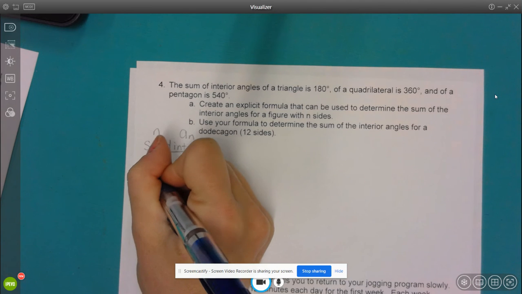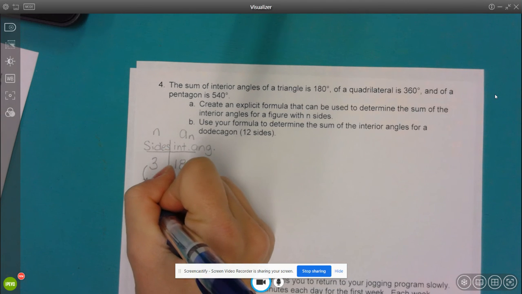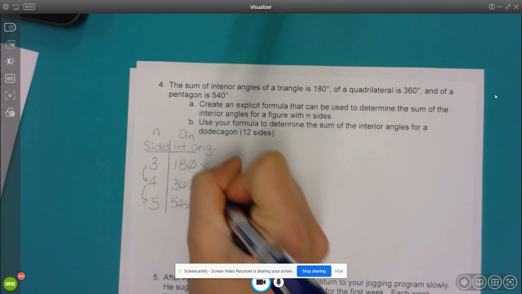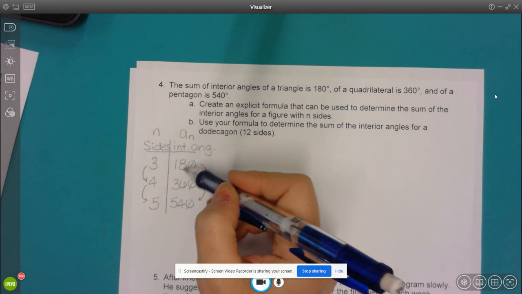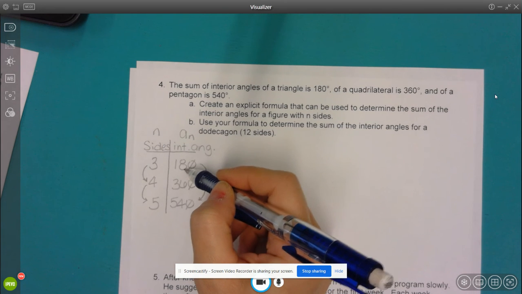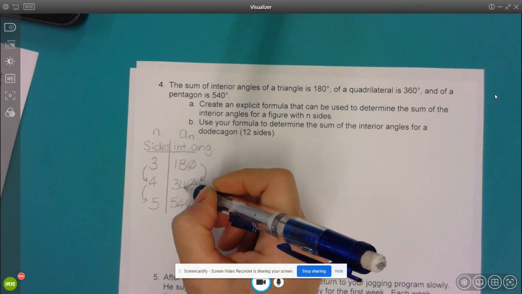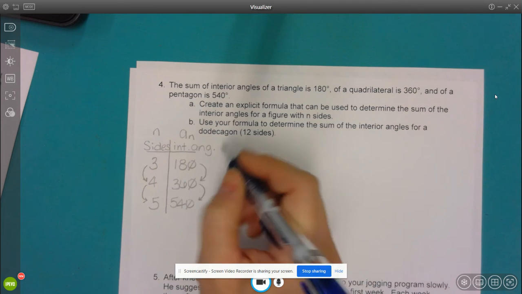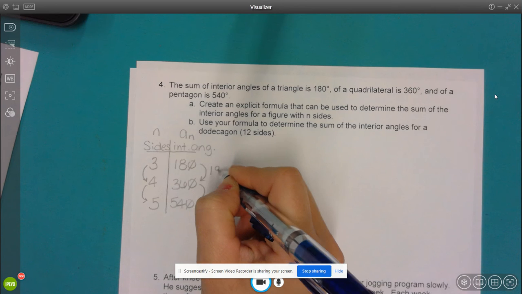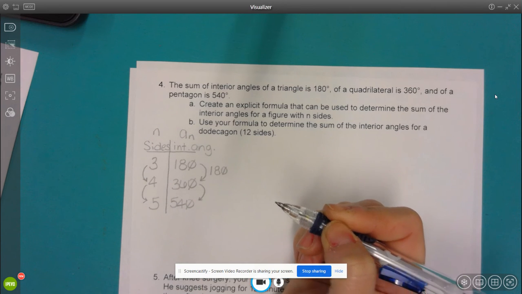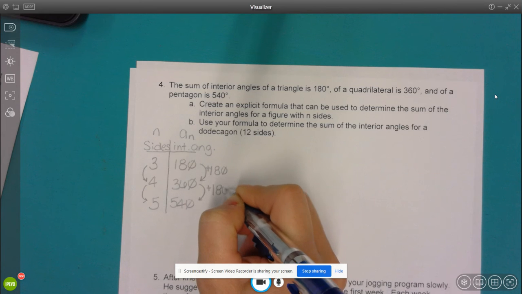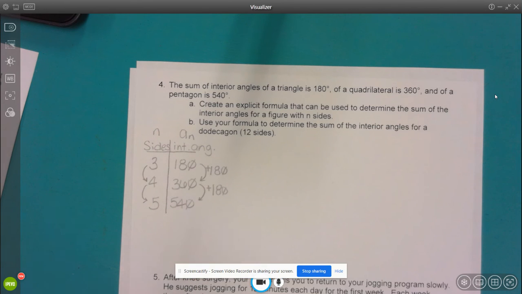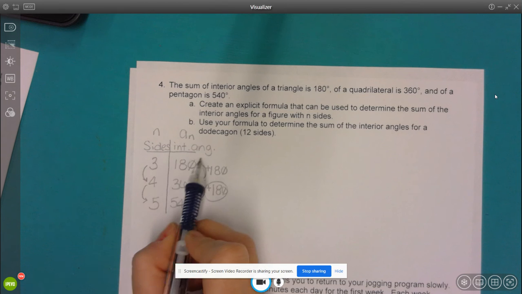Now, these are going up by ones, so I need to figure out how much we're going up each step on the right side of my table. From 180 to 360 is 180, which means that this is 180 degrees here that I'm adding, and then I'm also adding 180 here. So that's good. This is our common difference.